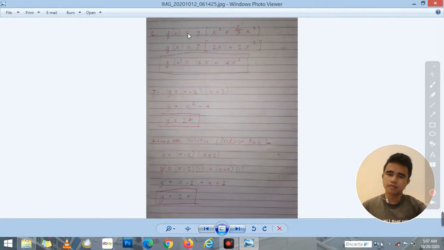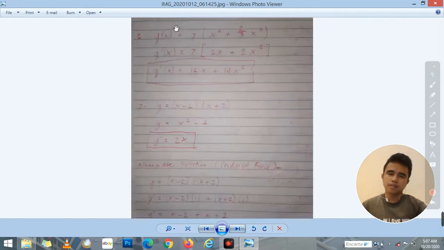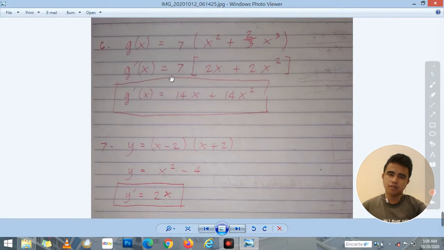Okay, number 6. We have this g of x, g as a function of x equals to 7 times this function. The derivative of constant multiplied by a function.